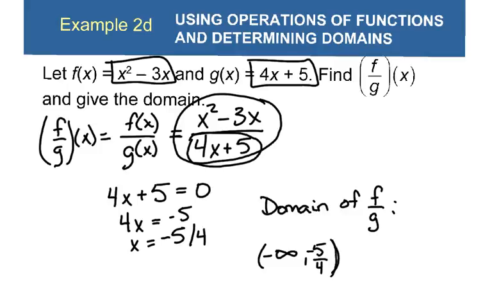So we have to put a parentheses around it that tells us to exclude it from our denominator. Union it with where it starts back up at negative 5/4 and goes all the way to positive infinity. And we're done. So that's how we exclude a single number in a domain that is all real numbers in the first place, is we write it just like this. So it starts at negative infinity, goes to infinity, but excludes the negative 5/4.